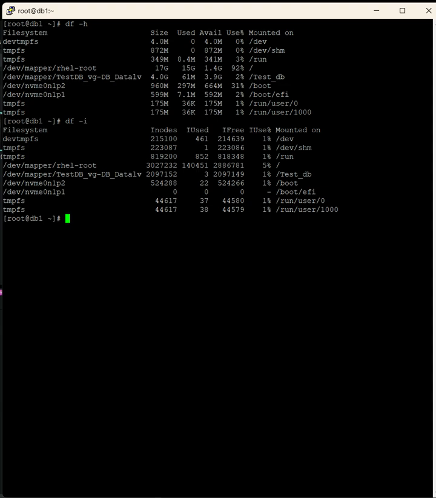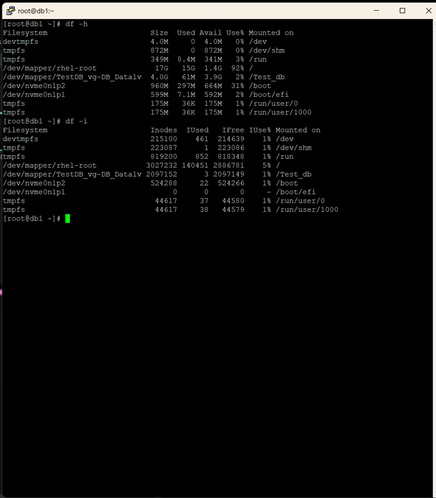The first step is to check which partition is 100% full. If you find that the partition is not 100% full, it may be a false alert, but you cannot conclude with that. You also verify the inode usage, which might be one of the hidden issues.